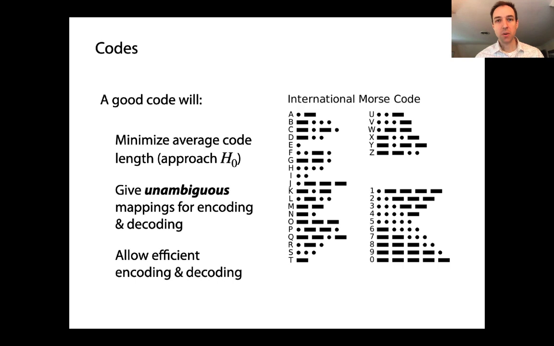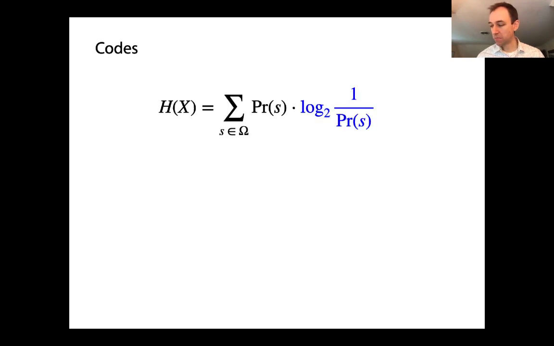Okay, so we already said that when we wrote down the Shannon entropy, it looked like this. It was the probability of the item from the sample space times log base 2 of 1 over the probability.